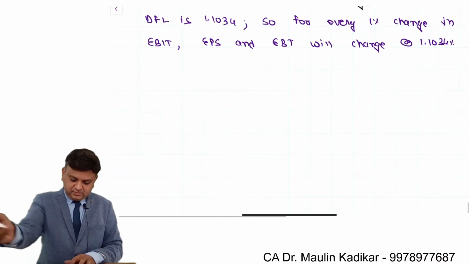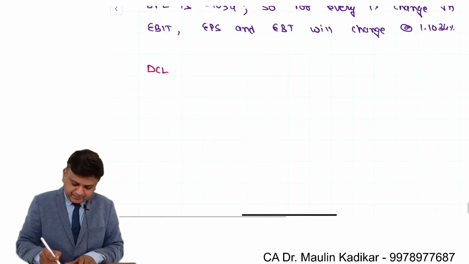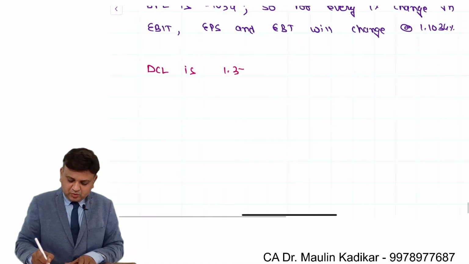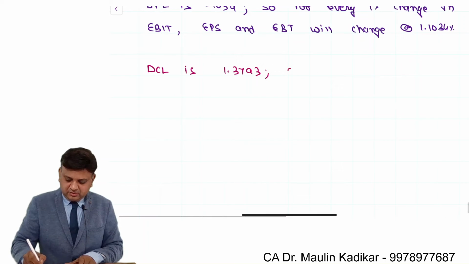In a new paragraph write down: DCL is 1.3793.